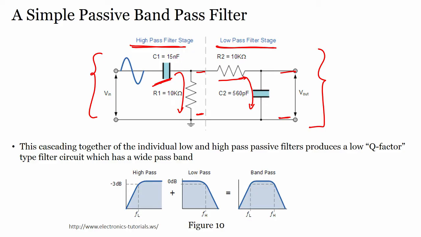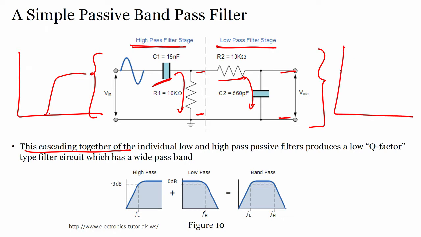How? So, you see this cascading here. What is a high pass filter? If I draw the frequency plot, high pass means I will have a pass from here to here. Low pass filter means I will have a pass from here to here, correct.